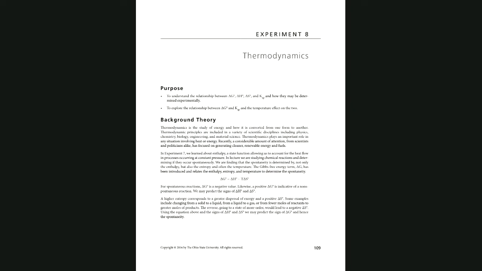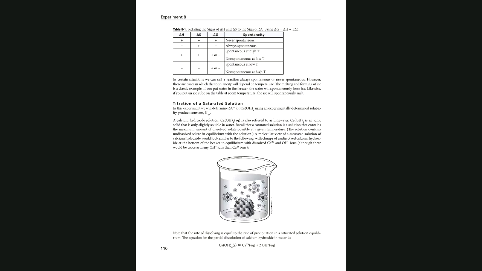So when we say thermodynamics, the experiment we are trying to do is a very comprehensive, actually a very nice experiment, because we can calculate delta G, delta H, and delta S for a single reaction for calcium hydroxide. But in order to find these values, first we are going to do titration, and based on the titration at two different temperatures, we are going to look for the concentration of the hydroxide ion.